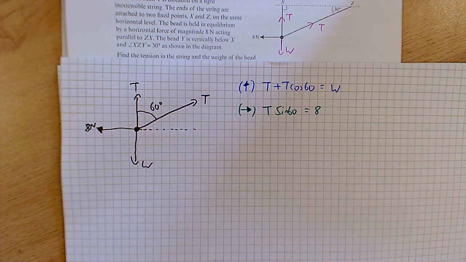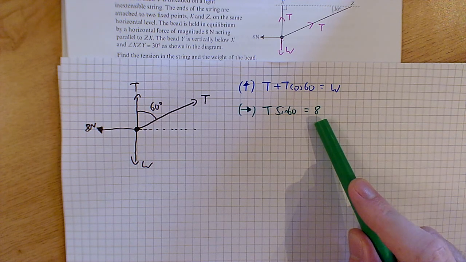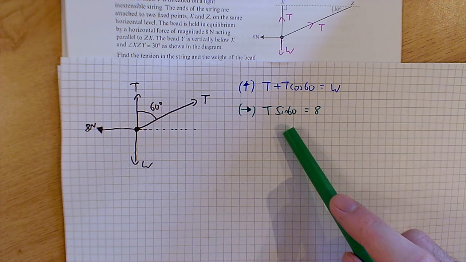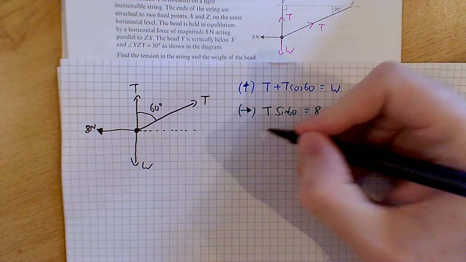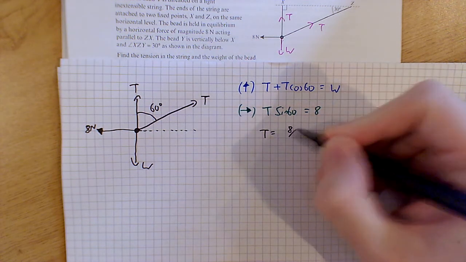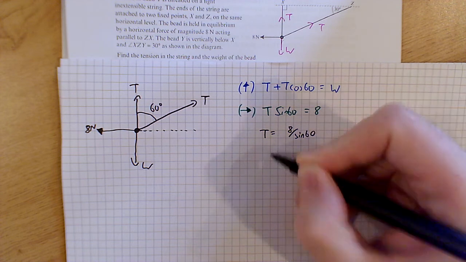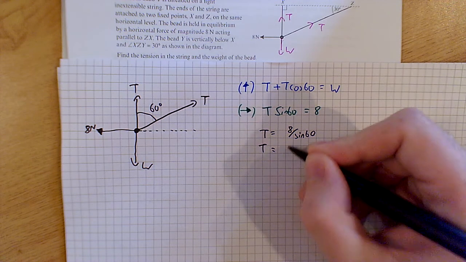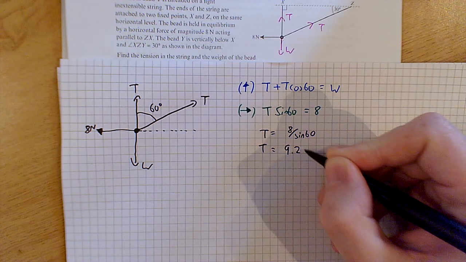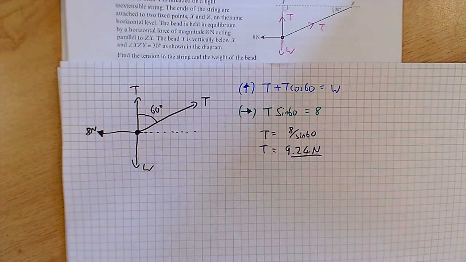And that's perfect because our green equation here only has one unknown, right? So we've got T sine 60 equals 8. So we know that T must be equal to 8 divided by sine 60, which gives us 9.24 newtons to 3 significant figures.